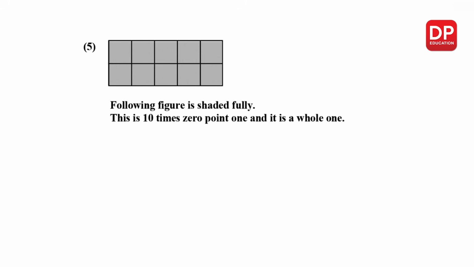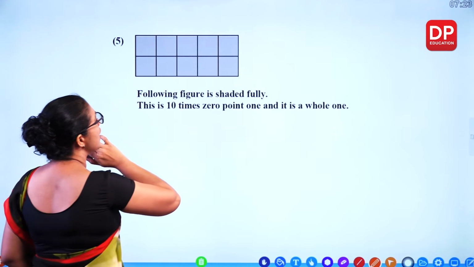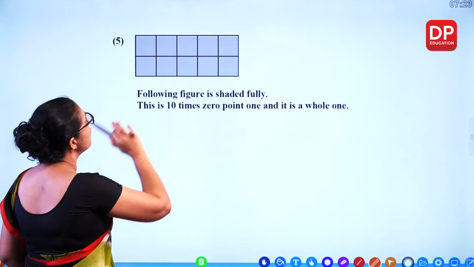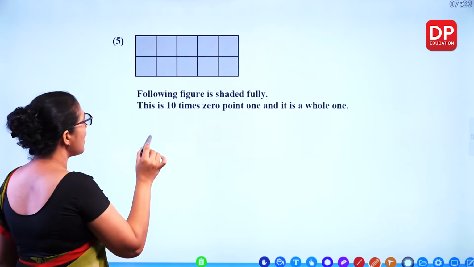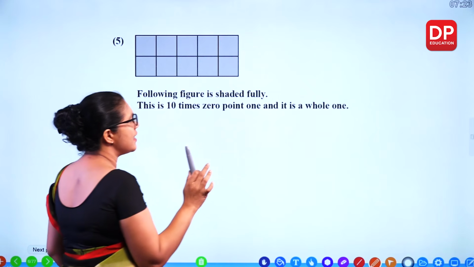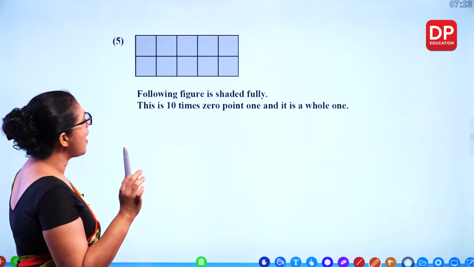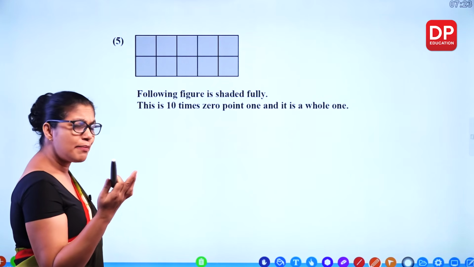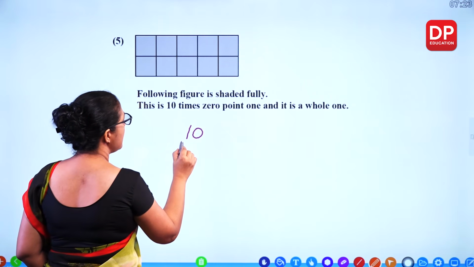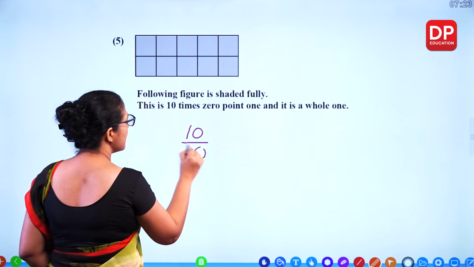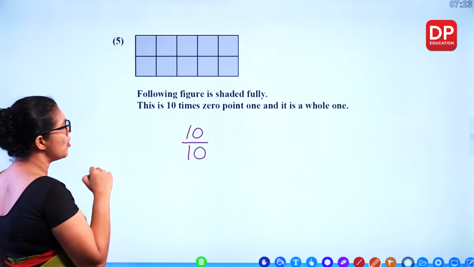Look at this figure. How many parts shaded? All parts are shaded, fully shaded, this figure. So 10 parts are there and 10 parts shaded. So how can we write this number in decimal? 10 parts shaded out of 10. So as a fraction, 10 over 10.